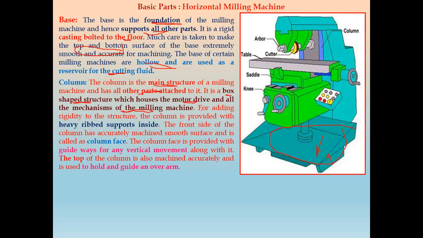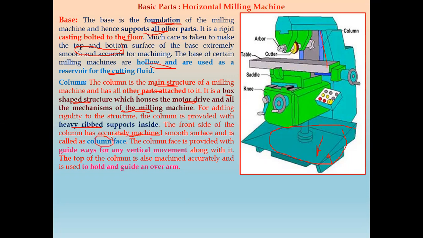Now for adding rigidity to this structure, the column is provided with heavy ribbed support inside. The front side of the column is accurately machined, a smooth surface, and it is called the column face.